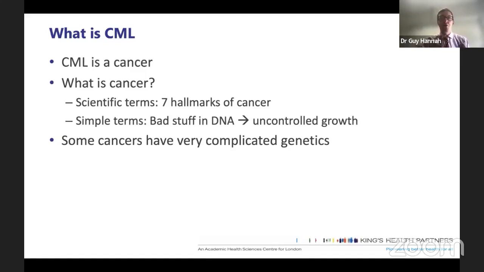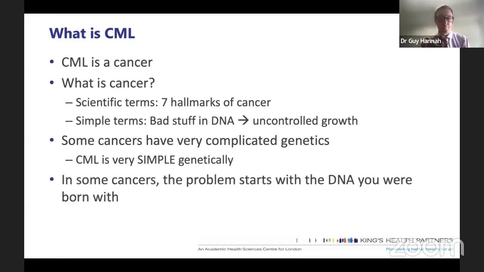Lots and lots of things have gone wrong with the DNA to create cancers like melanoma, skin cancer. CML is one of the simplest. Literally one thing goes wrong genetically with CML, and that's enough to create cancer. It's quite rare in that case in terms of cancer. But that does mean that we can monitor it and treat it, and I'll come to that later.